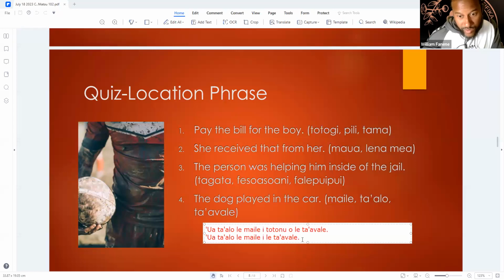So this is understood, like the dog has played at the car, but if you wanted to be more specific, you could say ua ta'alo le maile i totonu o le ta'avale. So yes, either way, if you had either of those, that's great.